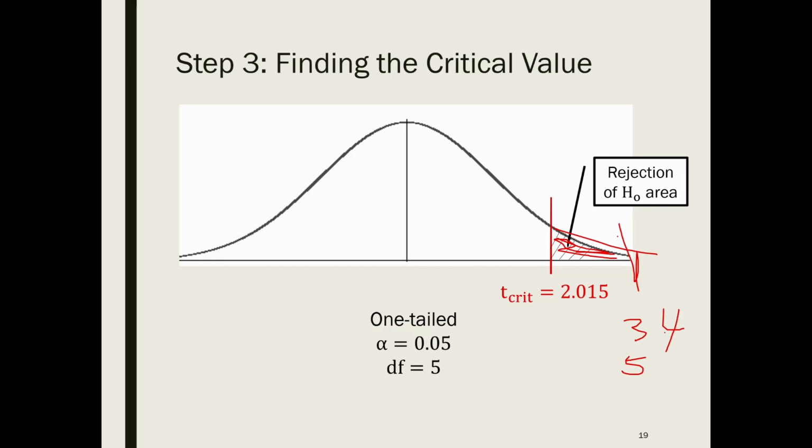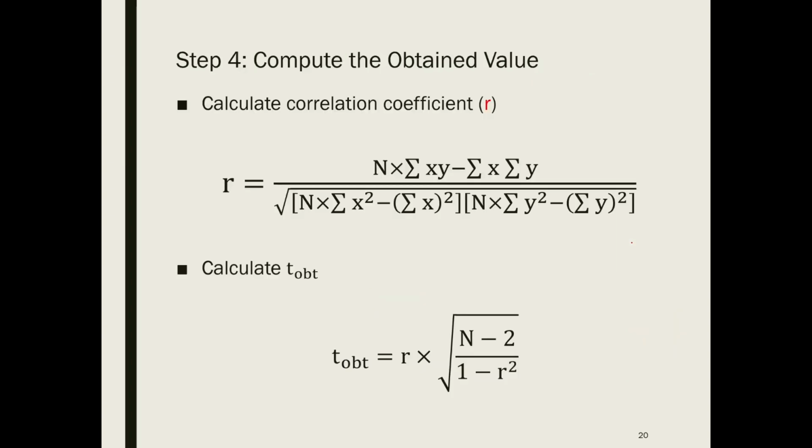Any number that is less than 2.015, such as 1, 0, even -1, then we are going to accept the null hypothesis. The same logic as we do in the t-test.